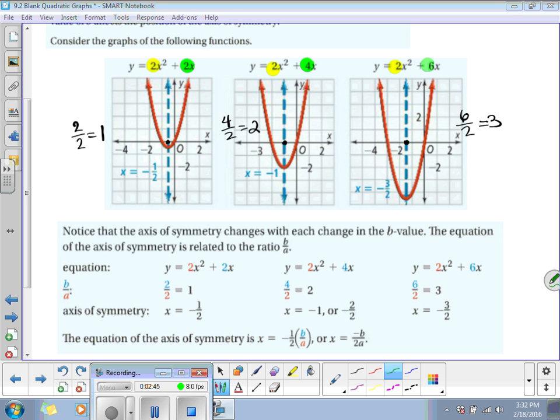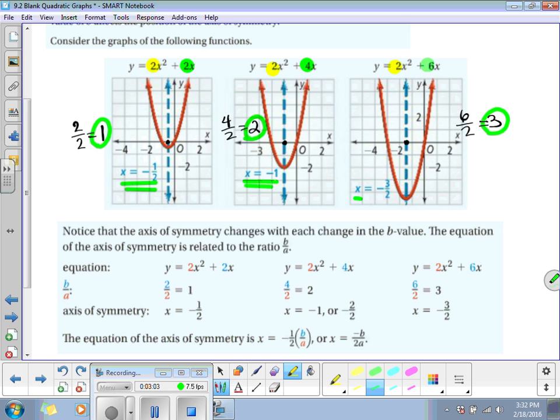What can I do to each of these ratios to get me to my axis of symmetry?